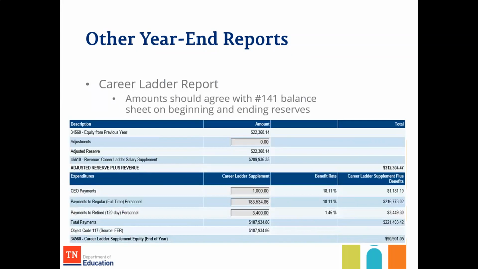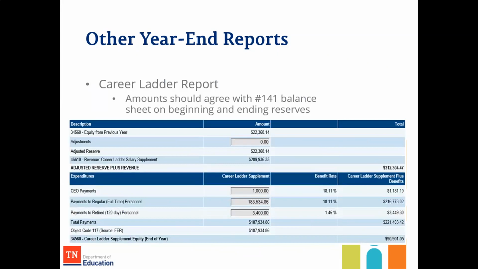Career Ladder is our last year-end report. This amount should agree when you look at your 141 balance sheet on beginning and year-end reserves. So E-Plan is already going to have your beginning fund balance in here for your career ladder, which is 34560.